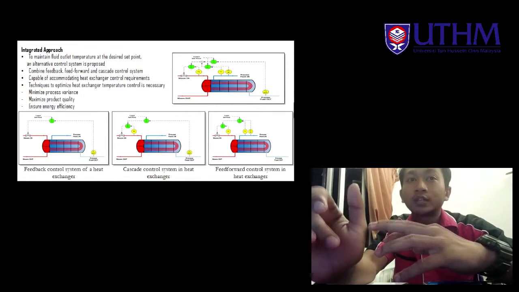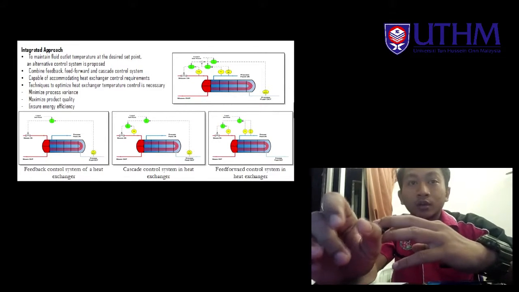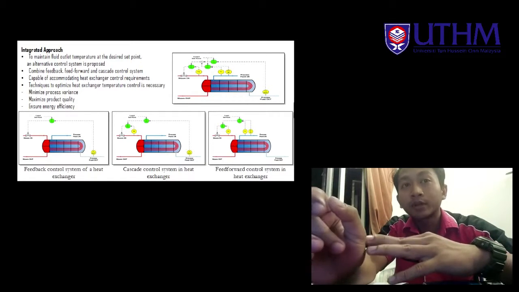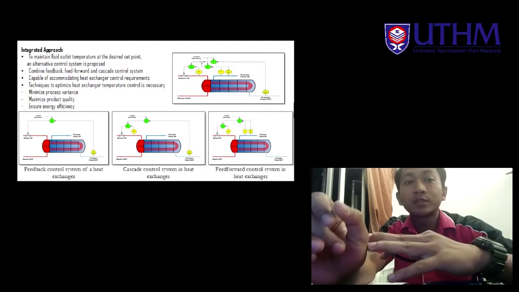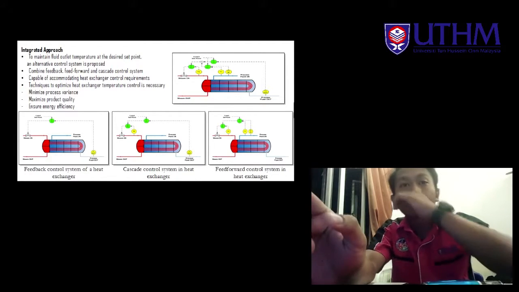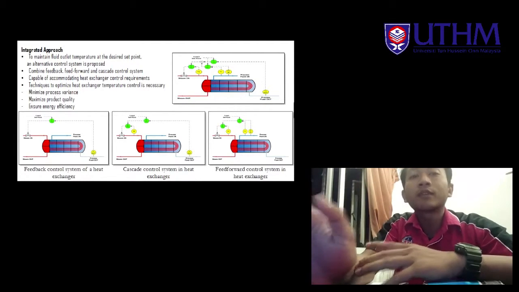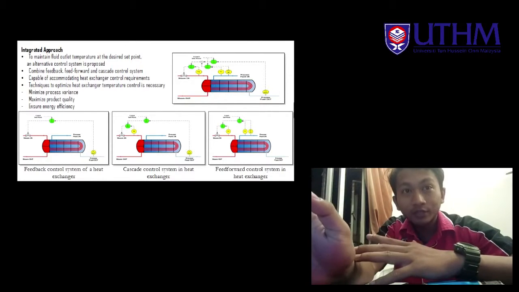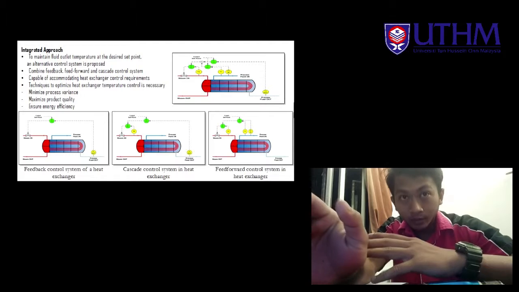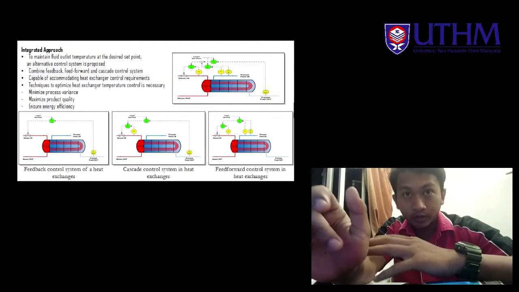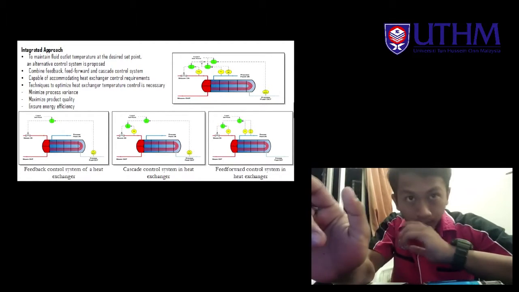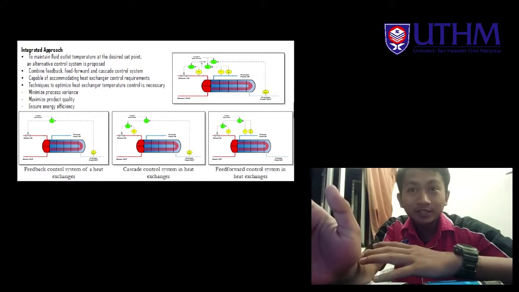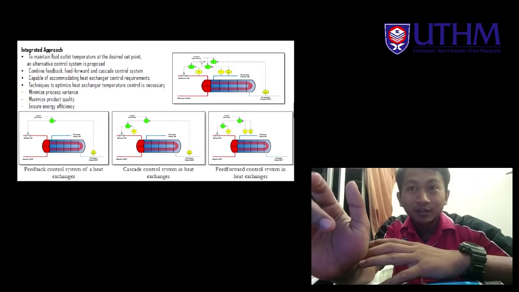The integrated approach here is that we have to maintain the fluid outlet temperature at the desired set point, and an alternate control system is proposed. We combine the feedback, feed-forward and cascade control system information so that we are capable of accommodating heat exchanger control requirements. These are techniques to optimize heat exchanger temperature control.